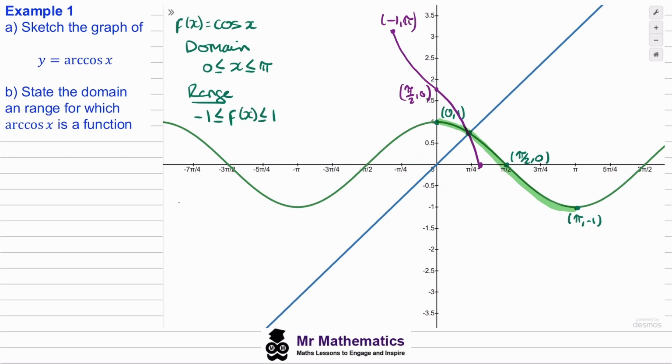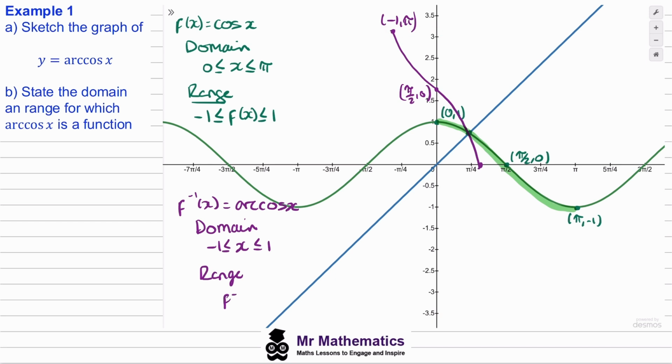Every element in this domain is now mapped to exactly one element in the range. So we can say that the inverse function, which is arccos of x, has a domain between 1 and -1. So x is less than or equal to 1, but greater than or equal to -1. And the range goes from 0 to positive pi.